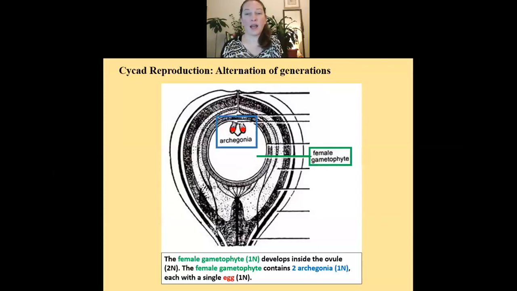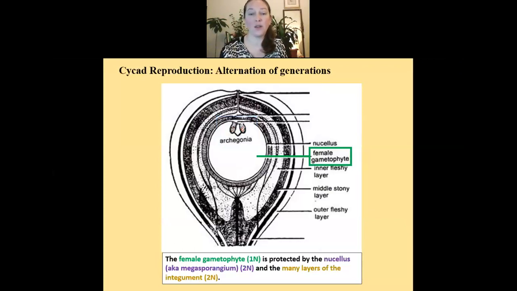And as we talked about a little bit before when we were talking about seed plants in general, this is really a cool evolutionary leap, because look at where the eggs are located. The eggs are located in the female gametophyte plant that is now inside of this ovule structure.